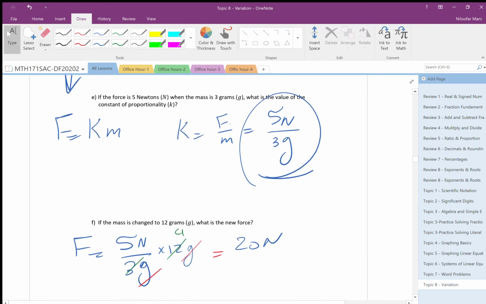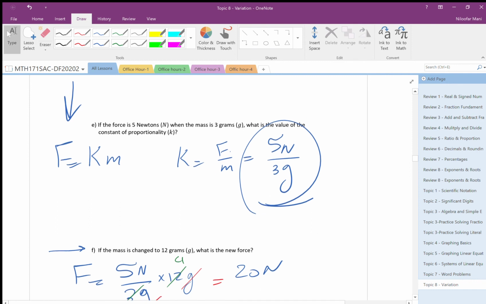I give you M and I want F. In this case, you need to know K. So you need another situation in which F and M are both known, and you can find K.